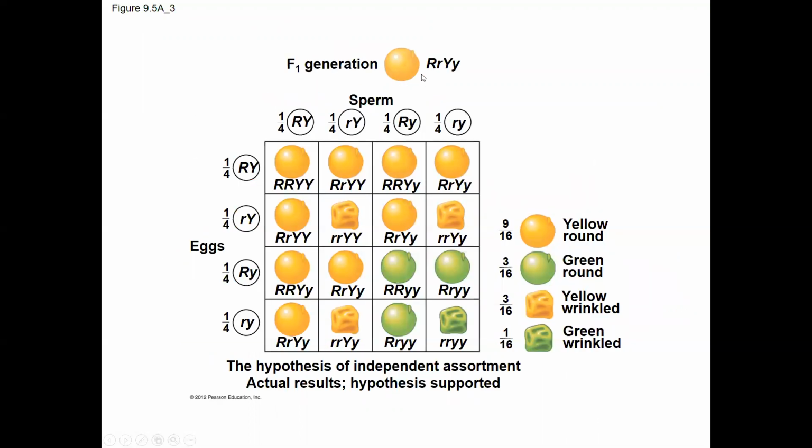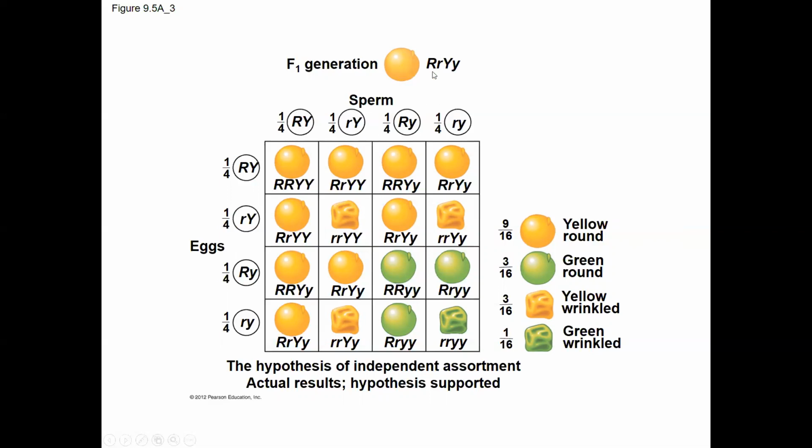So you have the F1 generation. When you cross these two individuals, they should be hybrids. Mendel found that each allele, each trait, had its own probability of being distributed independently.